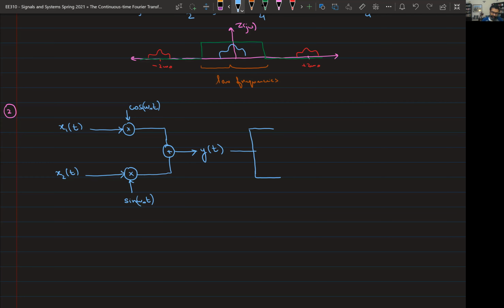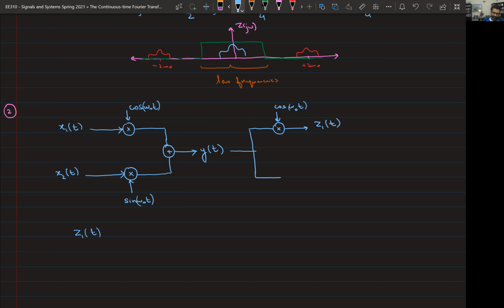For that, we multiply with the cosine. Let's see what happens if I multiply with the cosine, and let's see what we get. Let's say this is z1 of t. You could do Fourier analysis to analyze what z1 of j omega is as a function of x1 of j omega and x2 of j omega. I would rather just begin with some trigonometric identity.